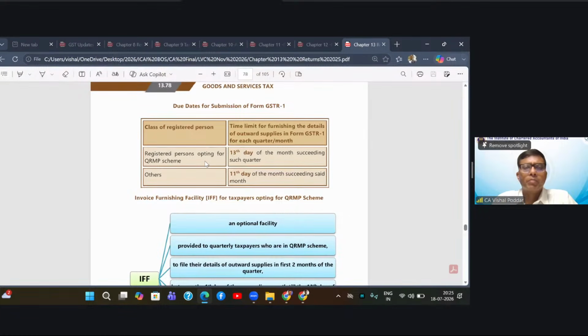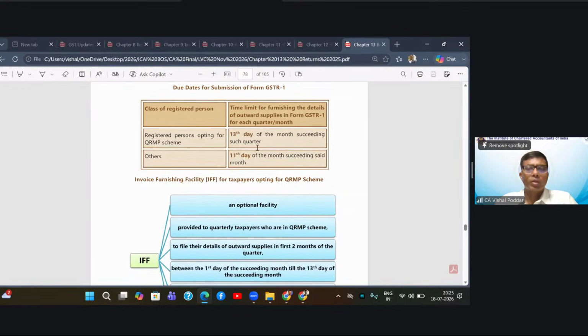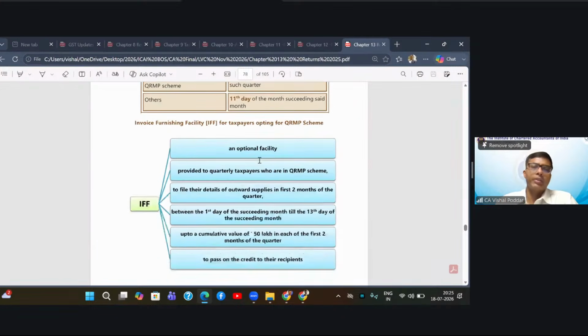So under the QRMP scheme, taxpayers have to file their outward return, that is GSTR 1, by the 13th of the succeeding month after the end of the quarter. Now, what about people who are not in the QRMP scheme? For them, after the end of the month, it is the 11th day.